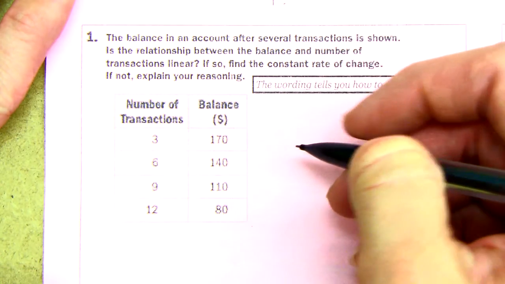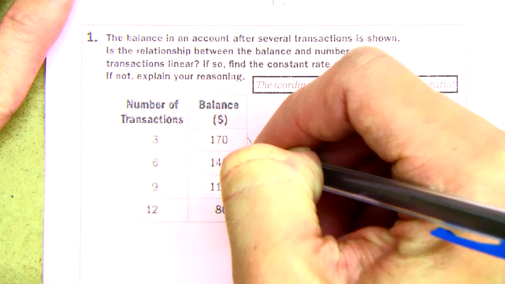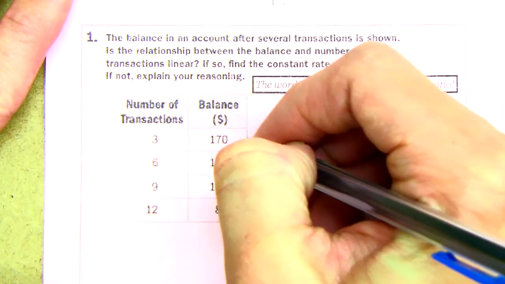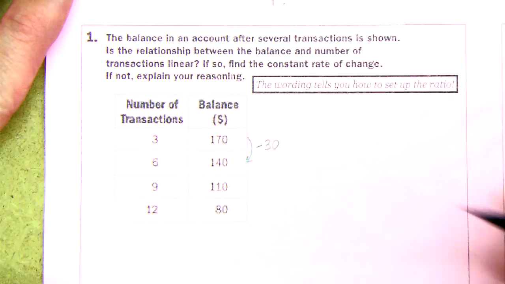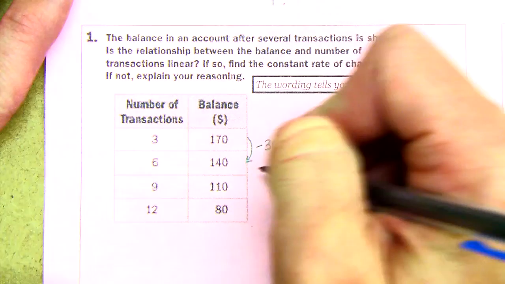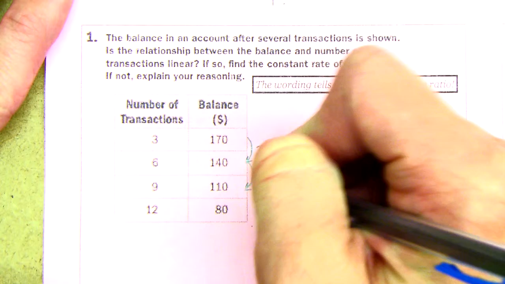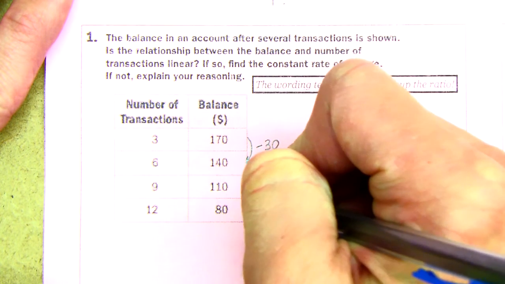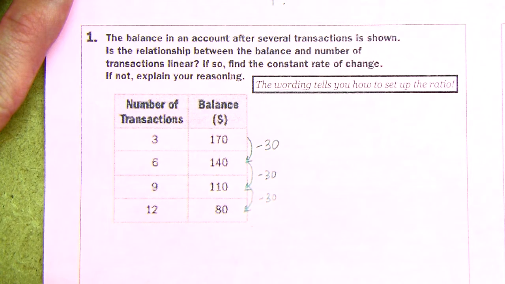So we're going to look at the balance. What's happening here between these two? 70 to 40, that's a negative 30 because it's going down 30. 40 to 110, that's also a negative 30. And 110 to 80, negative 30. Okay, take a look at what happens on the number of transactions.